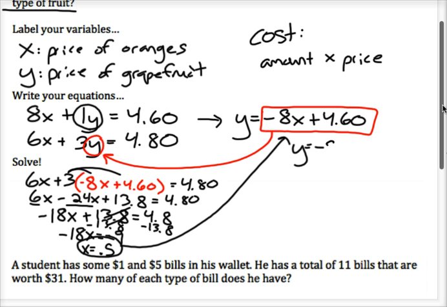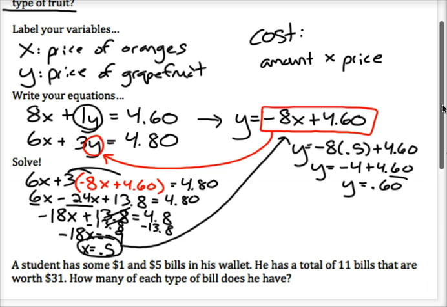So y is negative 8 times x. Well, we know x is 0.5 plus 4.6. Negative 8 times 0.5 is a negative 4. So y ends up being 0.60.